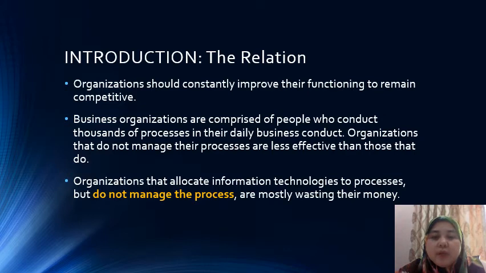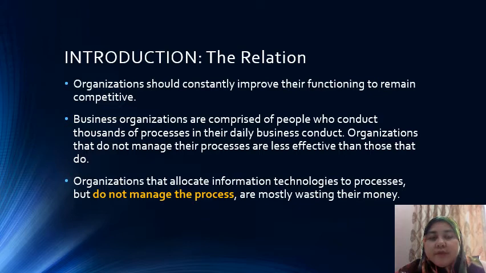Okay, we learned before that in order for us to develop an information system, one of the phases we have to go through is the first phase of the life cycle.